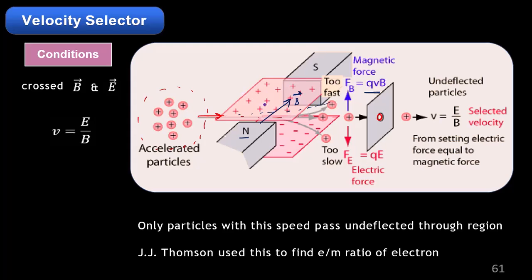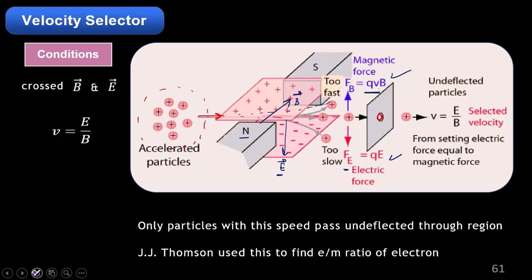Now, along the downward direction, I am applying an electric field. Because of the electric field, the positive charged particle will feel a force in the downward direction, that is QE. If these two forces, BQV and QE, balance each other, then the particle will be undeviated and move along a straight line.